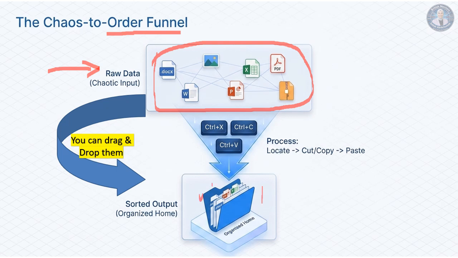Press Ctrl X to cut, or right-click the file, then choose Cut from the context menu, to move it, or press Ctrl C to copy, or right-click the file and choose Copy from the context menu, then paste it to keep the original. Step 3, open the destination folder and press Ctrl V, or right-click and choose Paste.